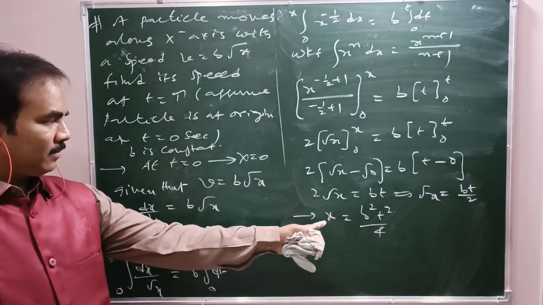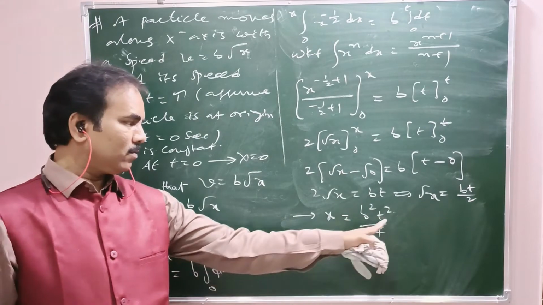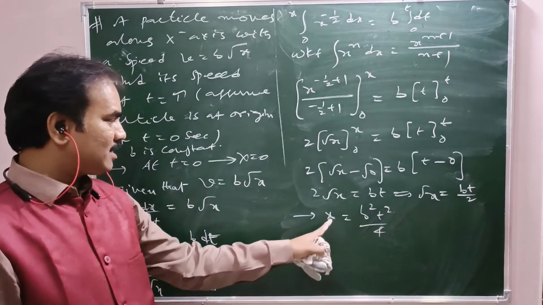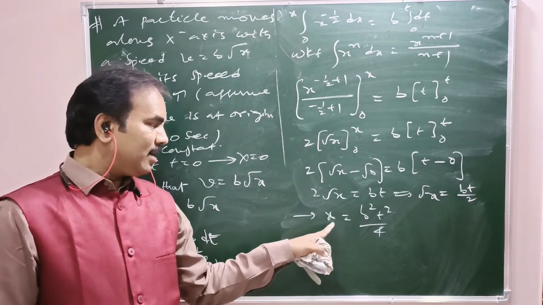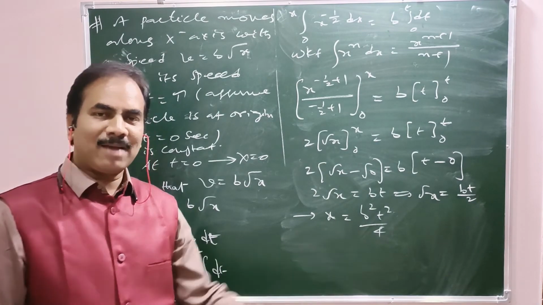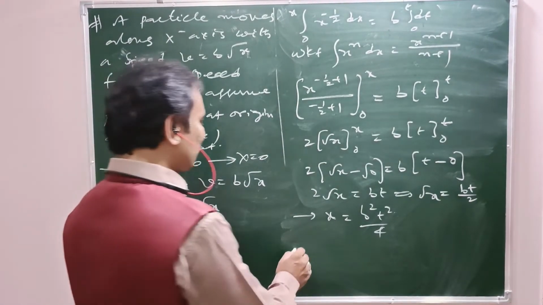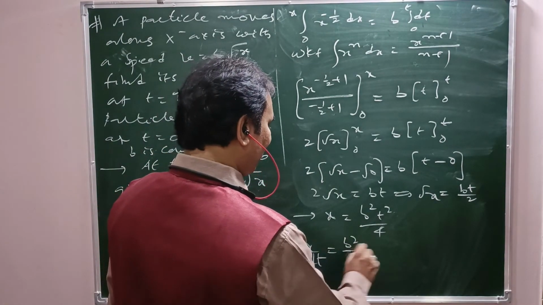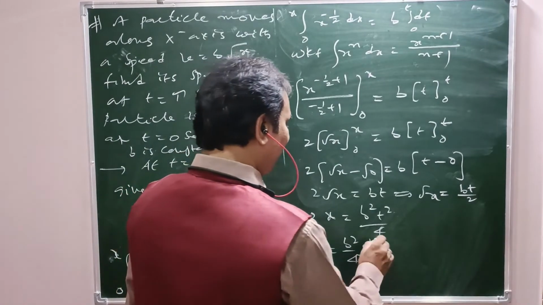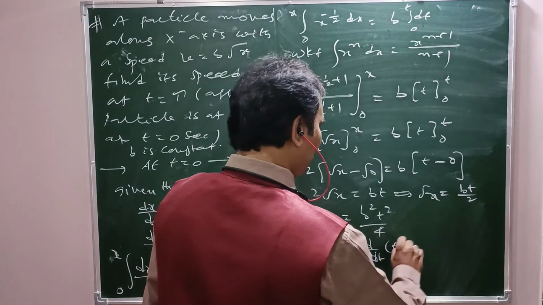Now we have the expression for position with respect to time. That is the variation of the position of the particle with respect to time. On differentiating x with respect to time, we get the speed. That is dx by dt equals b square by 4, which is common, times d by dt of t square.